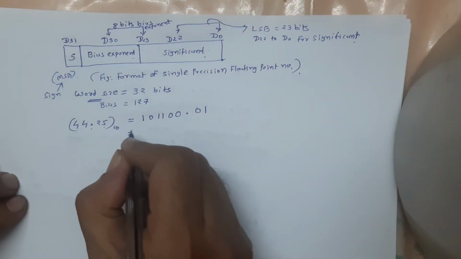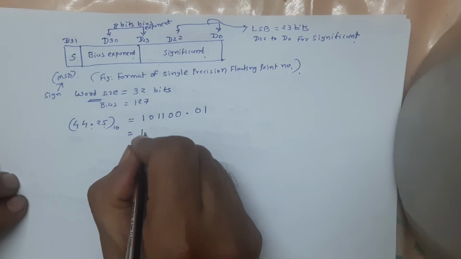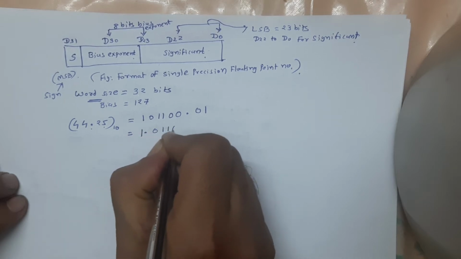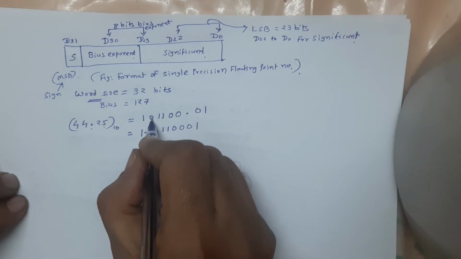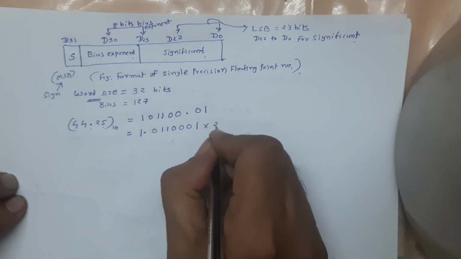Now convert this into mantissa form: 1.0110001, moving the point 1, 2, 3, 4, 5 places, so times 2 raised to 5.